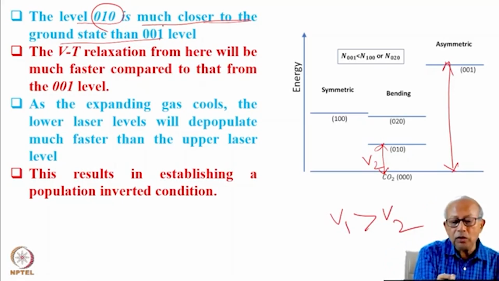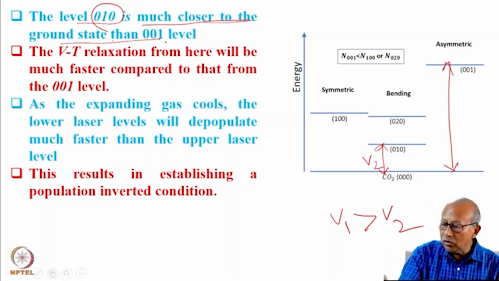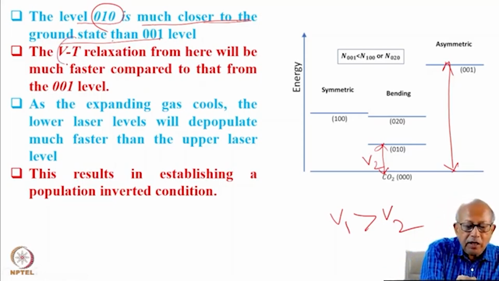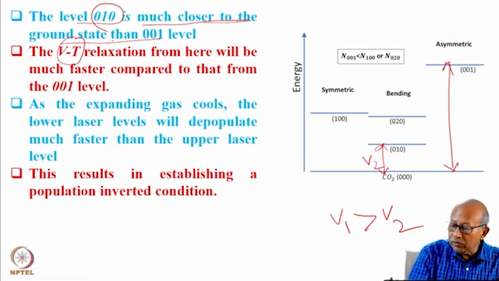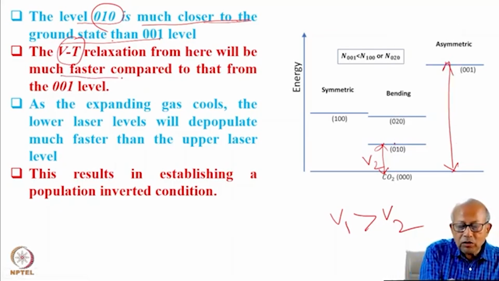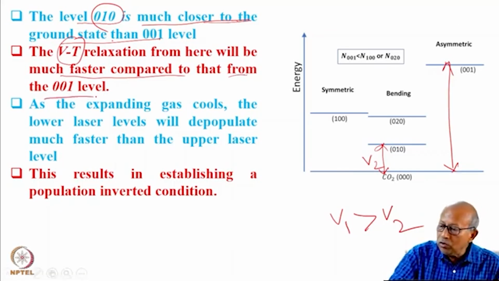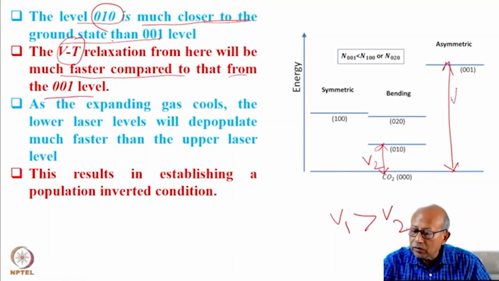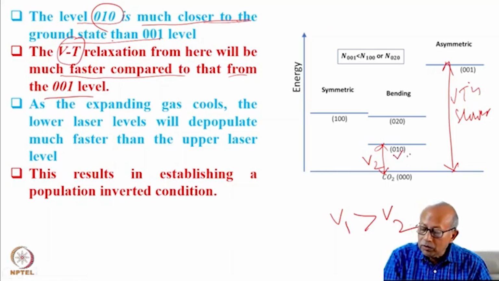The VT relaxation from here to this will be much faster compared to that from the 001 level. So this VT relaxation will be slower than this VT relaxation, which will be faster.